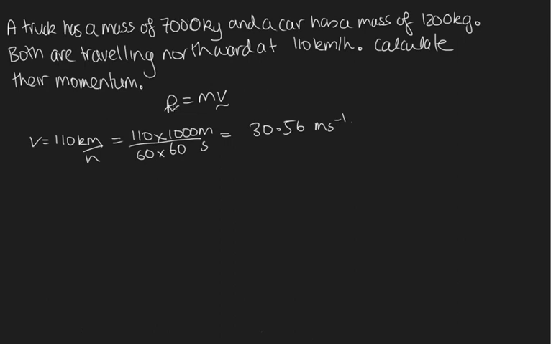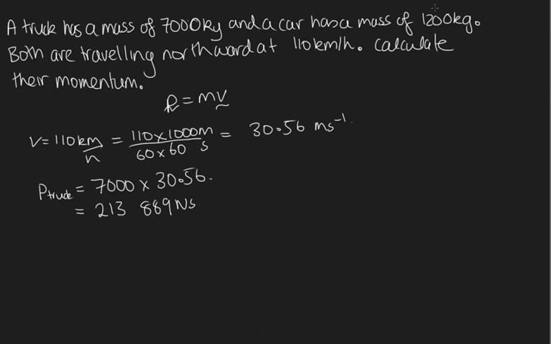To calculate the momentum of the truck, the momentum is equal to the mass of the truck, which is 7,000, times 30.56. Solving that on the calculator, we get 213,889 Newton seconds.